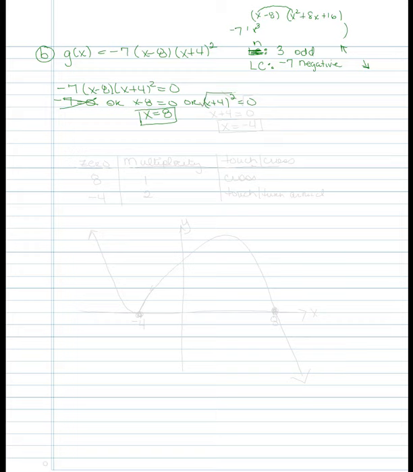To solve for x, we take the square root of both sides. The square root and exponent of 2 cancel out. We have x plus 4 is equal to 0. Normally we would say plus or minus 0, but 0 doesn't have a plus or minus value, so we just say 0. Then to solve for x, we subtract 4 from both sides, and we get x is equal to -4.